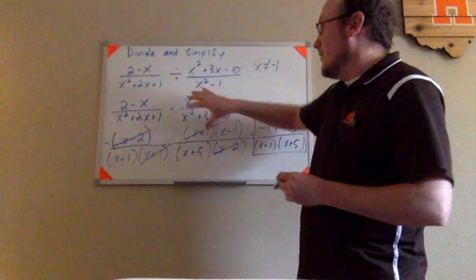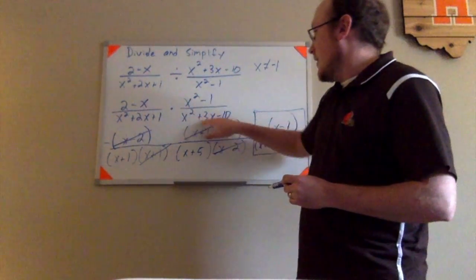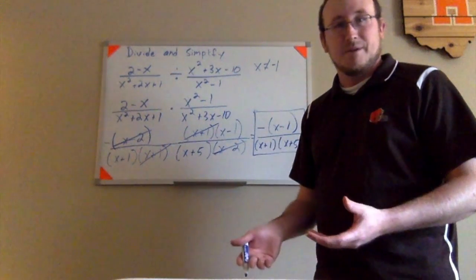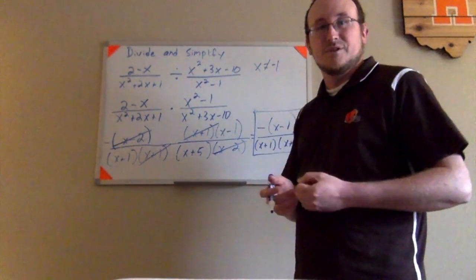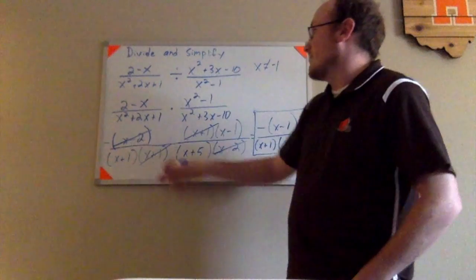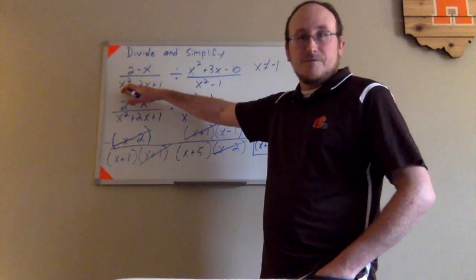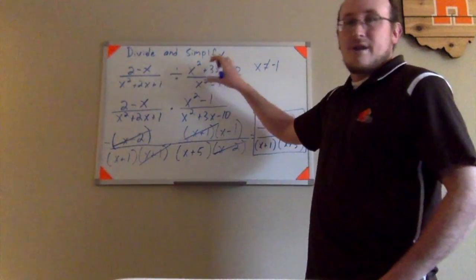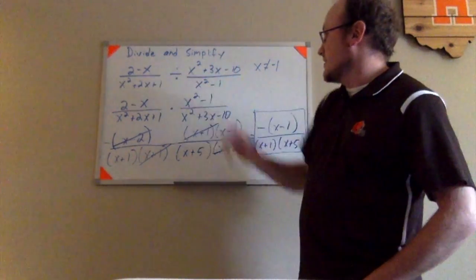And then when I rewrote it as the reciprocal, this other expression became the denominator. So I have to find the values that make it equal to 0 as well. So again, the restrictions come from the denominator of the first fraction and the numerator and denominator of the second fraction when it's a division problem.